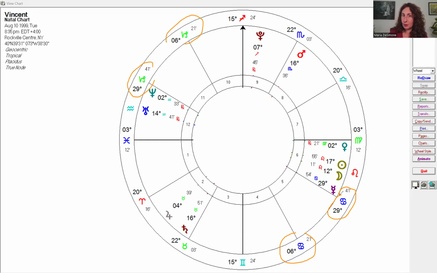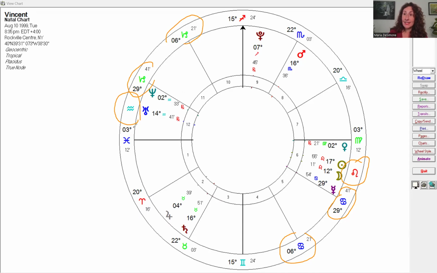But where's the interception? Well, what is it? What does it mean to have an interception? In between this house, you see two signs, right? So when we get to his 12th house, although Capricorn's on the cusp, the entire sign of Aquarius is in his 12th house.